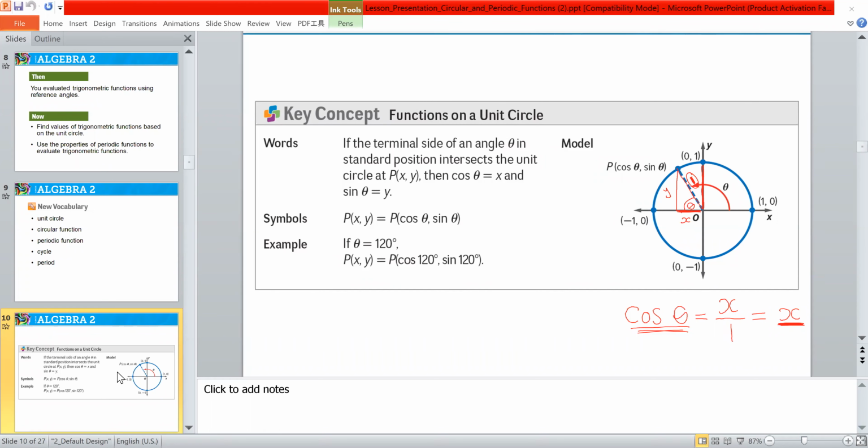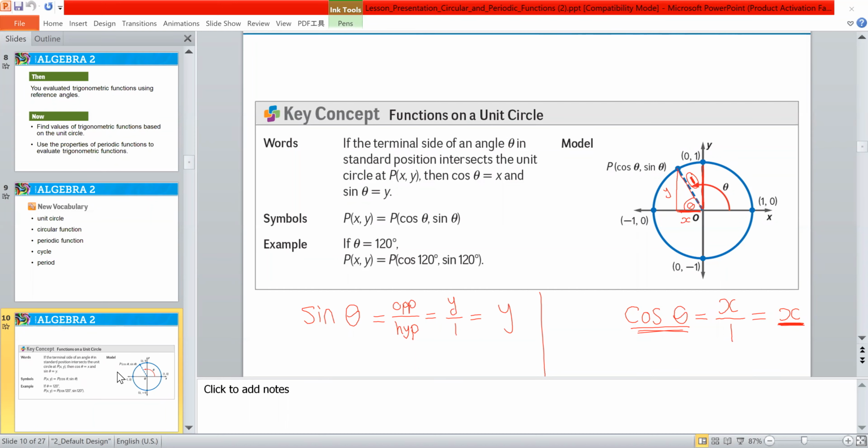Okay, Hussein, can you give me sine theta? Sine theta equals opposite over hypotenuse, which is equal to y over 1, which is equal to y.